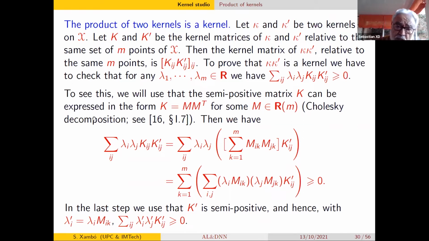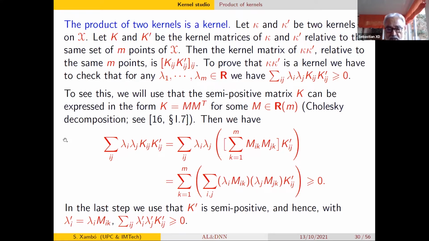For this, we will use that a semi-positive matrix K can be expressed in the form M times M transpose for some m times m matrix. This is the Cholesky decomposition.